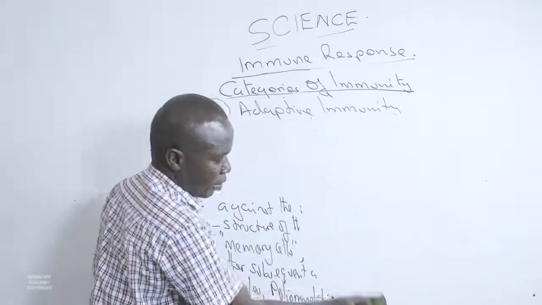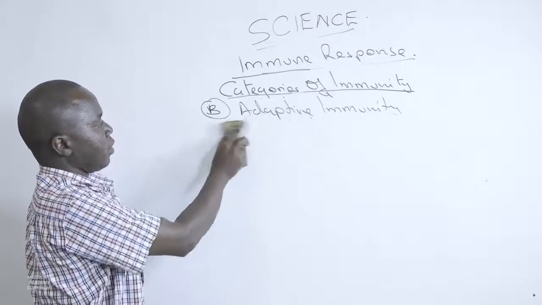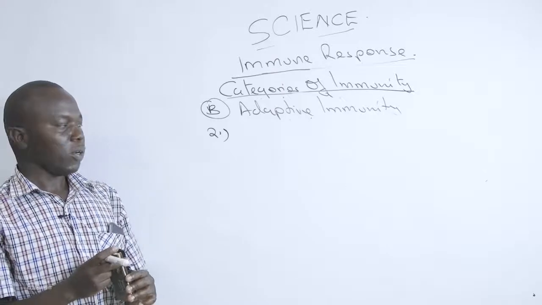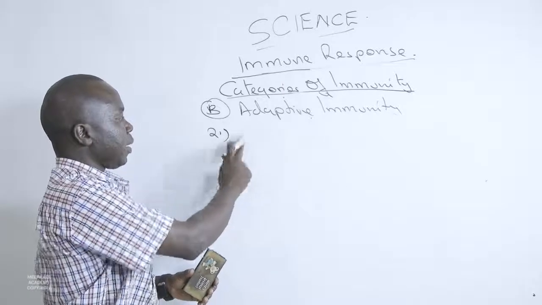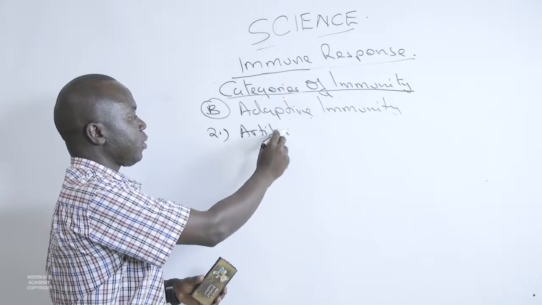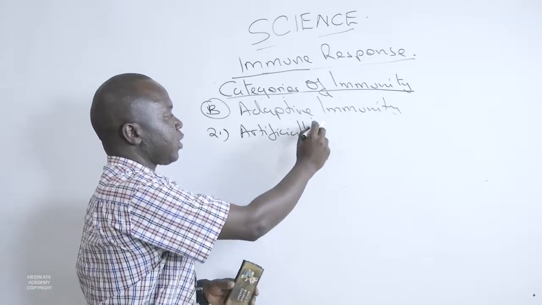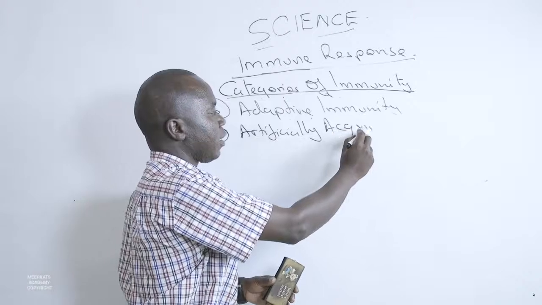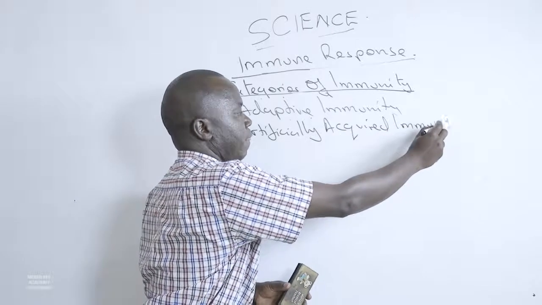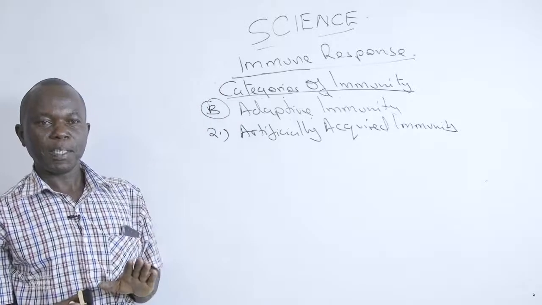But sometimes it's not natural. So we call it either passive or sometimes artificially acquired immunity. Artificially acquired immunity. How many?